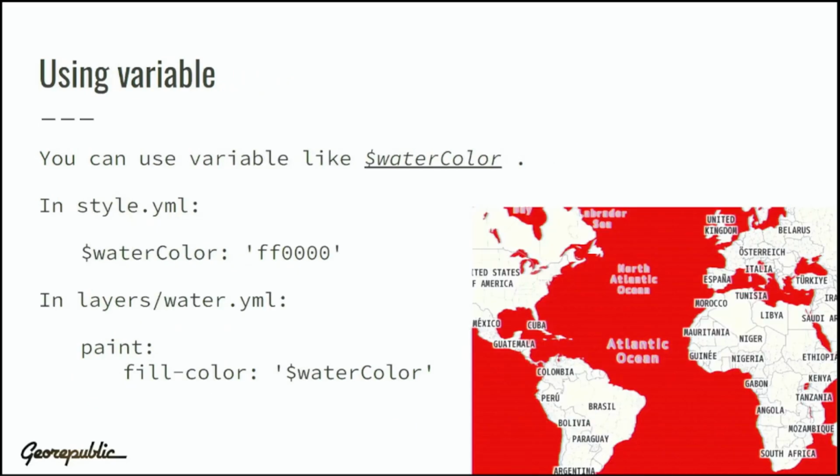You can use a variable like water color or dark water color. You can set the variable for a red color, and you can use it in another layer, in fill paint water color. You can change this color using the variable.